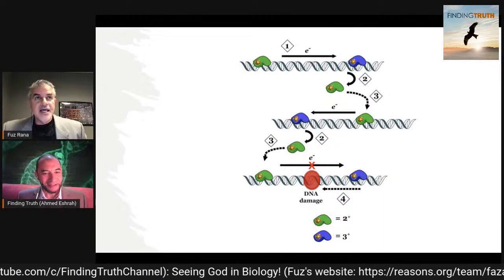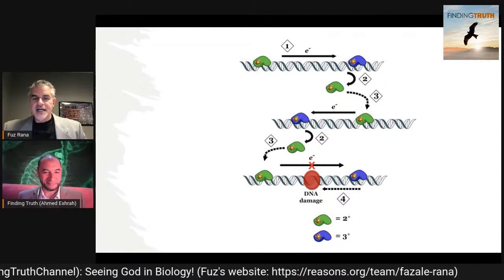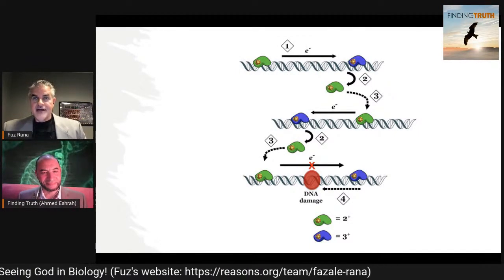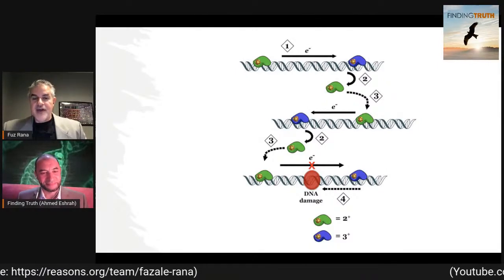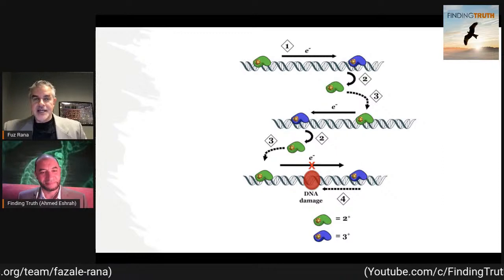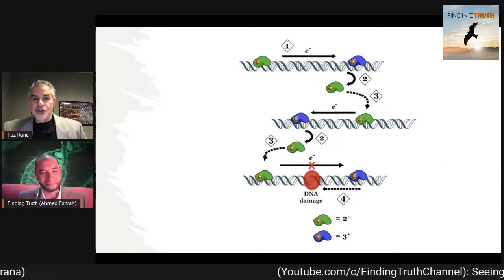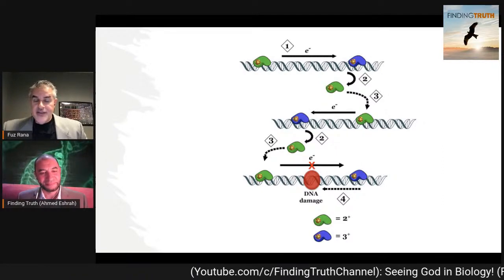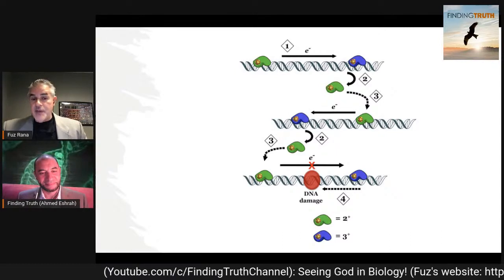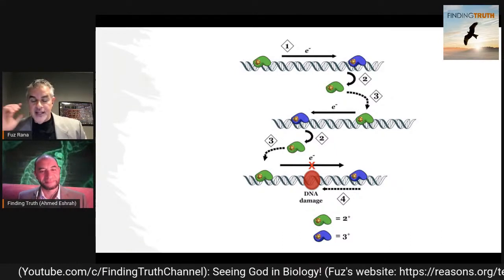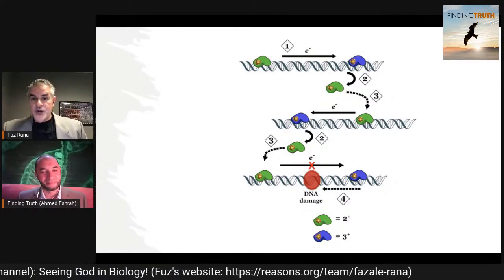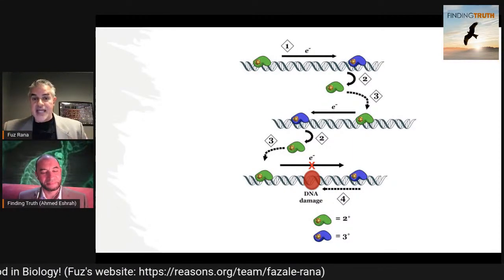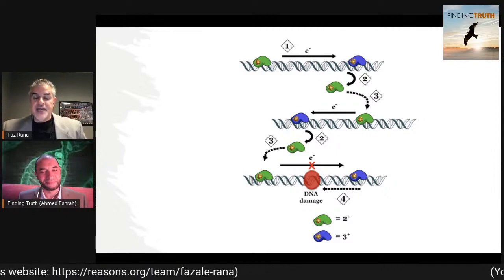Yes, and I'm not sure what is the length of DNA that these proteins would survey, but you could envision several thousand base pairs, for example, between the proteins, and so it gives you the ability to very quickly scan vast amounts of DNA.